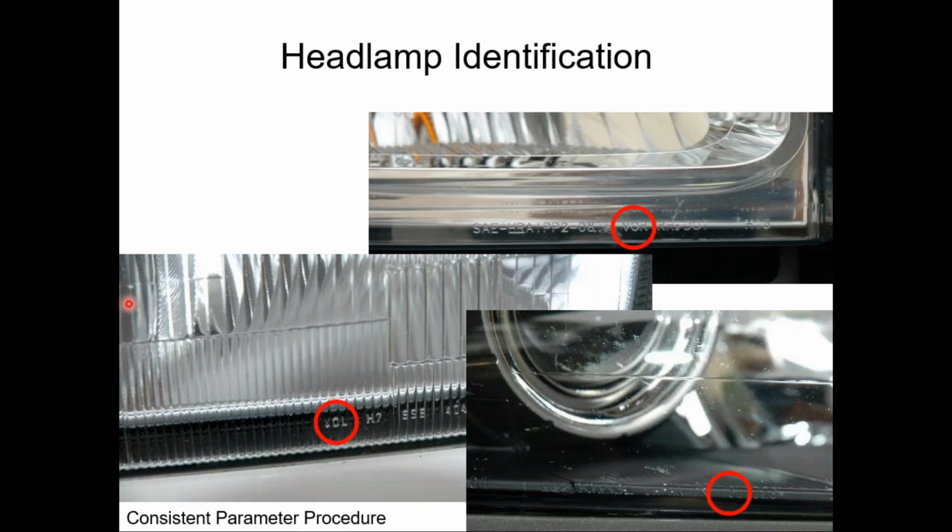And the way you determine that is, notice you look at the headlamp assembly, and this vehicle says VOR, so that would be the right assembly, visually optically aimed headlamp, or this is VOL, that's the left headlamp, again, visually optically aimed. So we need to make sure the pickup truck or the SUV that would be used in this procedure has the VOA headlamps, and this is how you determine that.